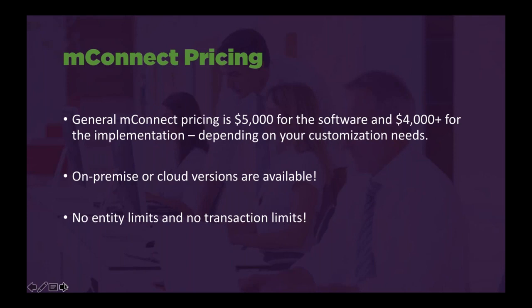That is very dependent upon how many customizations you need from our standard template. When we talk about WMS systems and things like that, then you're looking at an implementation that's probably in the 15 to 20,000 range.